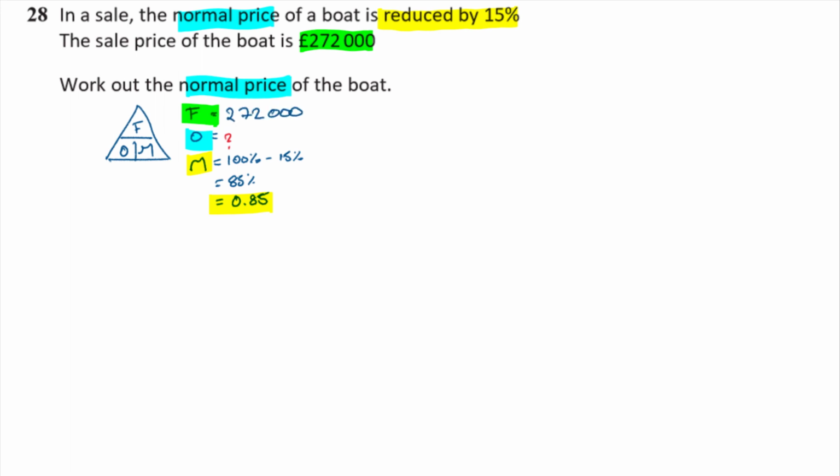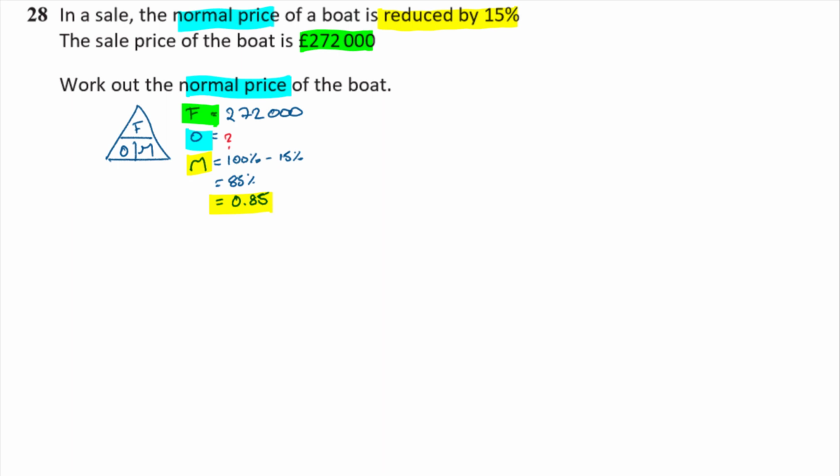Normally with these sorts of questions, you just need to think about the tense, not like camping tense, but the English tense: past, present, future. You'll find that when you've got these percentage change questions, one will either be in present tense and one in future tense, or one in past tense and one in future tense, or one in past tense and one in present tense.